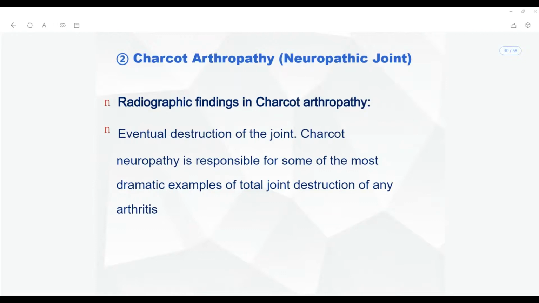In Charcot joints, Charcot arthropathy, there is a neuropathy and there will be eventual destruction of the joints, which is also called, let me type it for you. It is quite easy to remember.